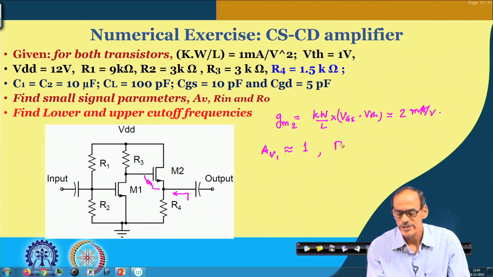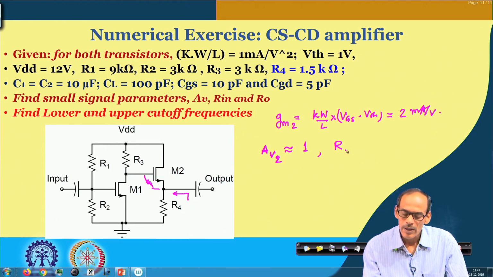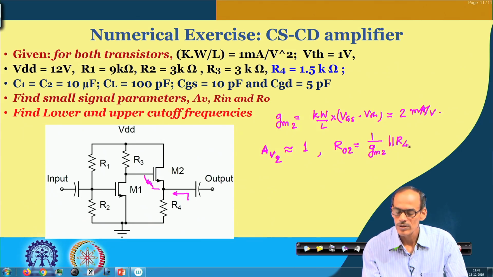And the output resistance of the CC stage is 1 by GM 2 in parallel with R 4.